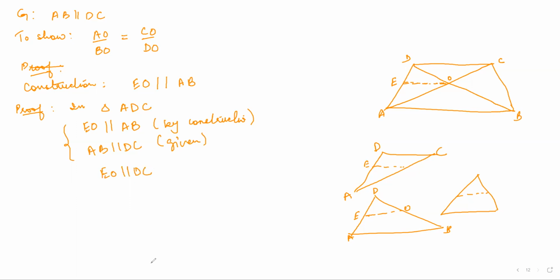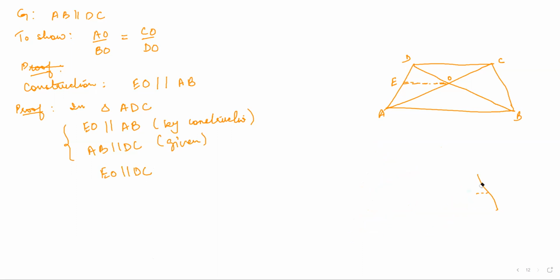Yes, ma'am. I think so. You can. Now try to understand one thing, Sarah. When I'm drawing the line EO, I cannot take that EO is parallel to AB and also parallel to DC.